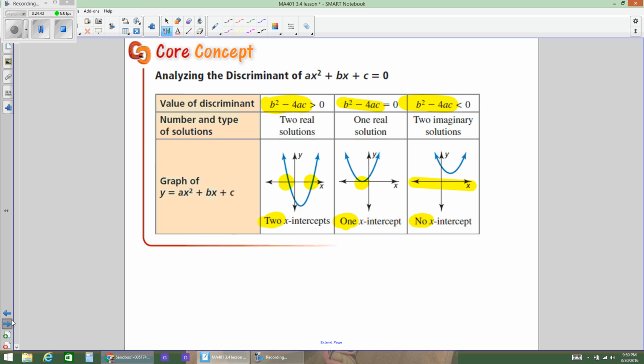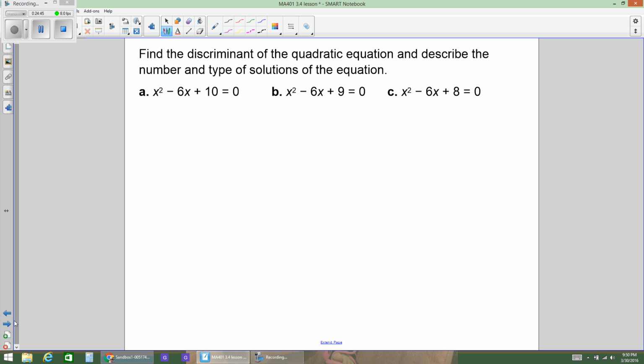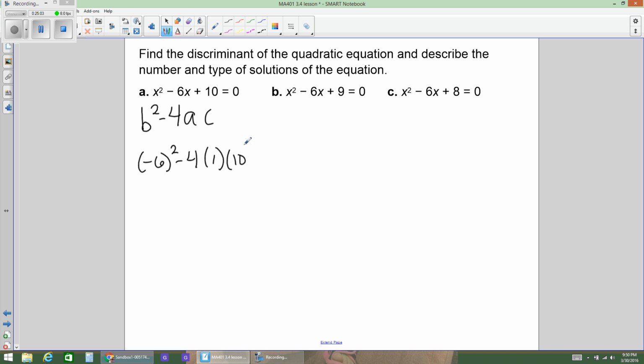Okay, so let's go ahead and use it then. It says find the discriminant and describe the number and type of solutions. So it's the b squared minus 4ac part. So b is negative 6. We're going to square it. A is 1, C is 10.